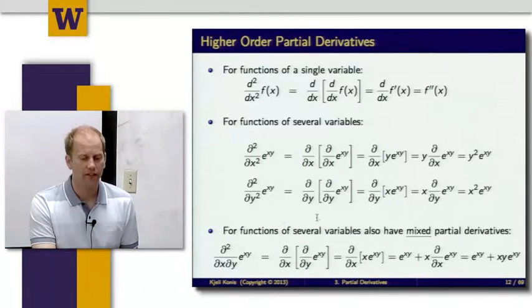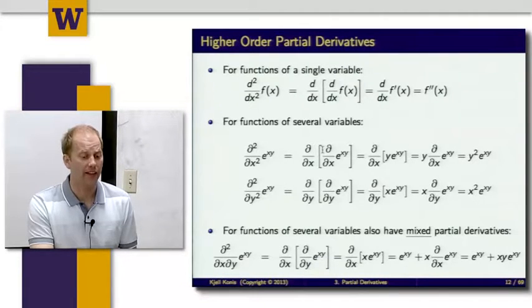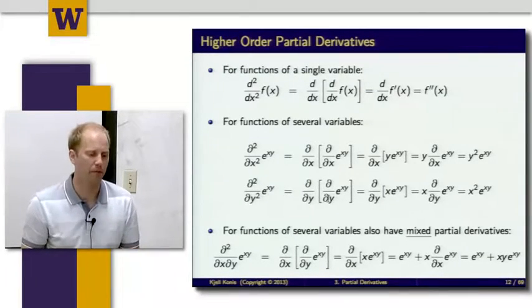But for functions of several variables, there's now also the possibility of something called a mixed partial derivative. So I'm going to keep the same idea as I had in the middle section of the slide, where I take the partial derivative of my function with respect to one of the variables, and then repeat.